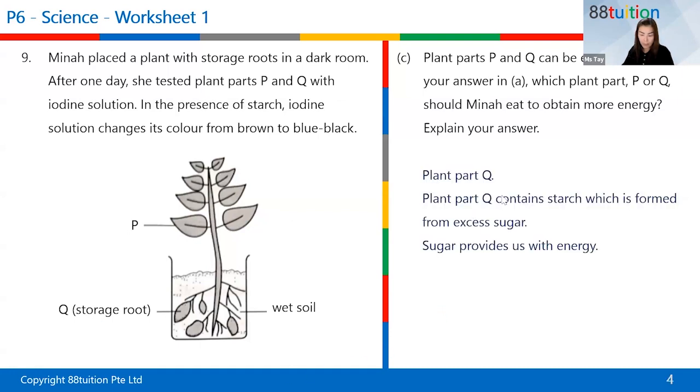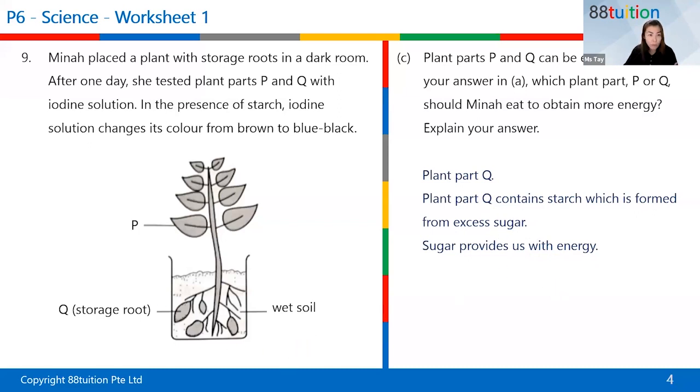Okay, the correct answer is part Q, right? Because part Q already contained a lot of starch, which is from the excess sugar from the plant earlier on. Now, sugar provides Mina with energy, so she should be eating this part.